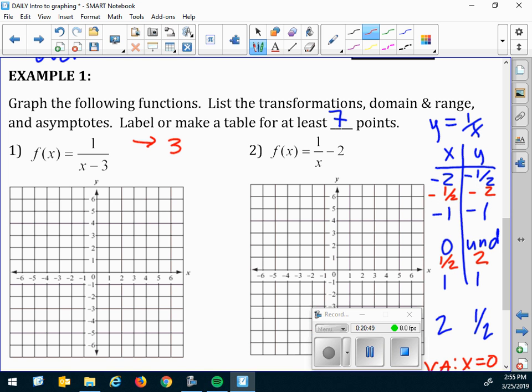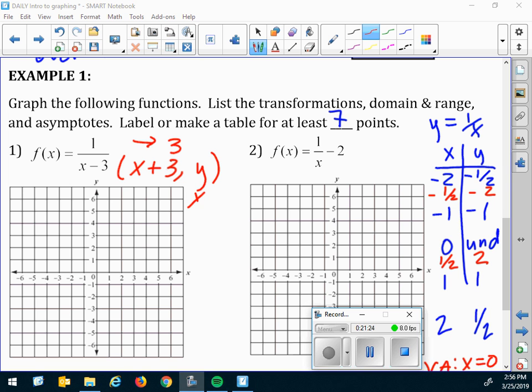If I shift to the right 3 units, does that change my x value? How? So my new point is going to be shifting to the right 3. Does that change my y value? No. Now, let's make our new chart.